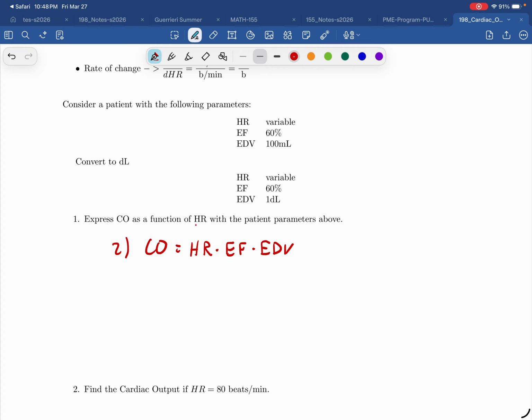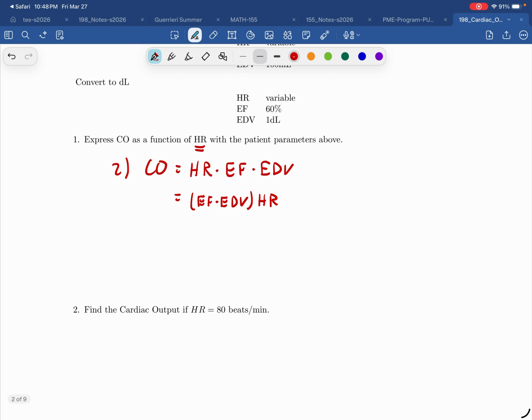But since cardiac output is going to be a function of heart rate, heart rate is the variable. So let's put the ejection fraction and diastolic volume at the beginning and put heart rate at the end, because that's the variable.